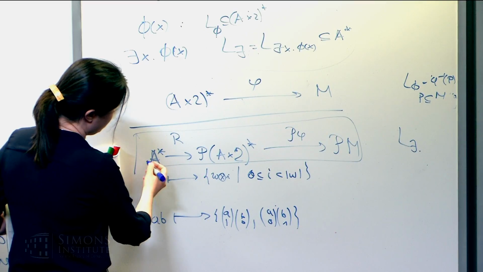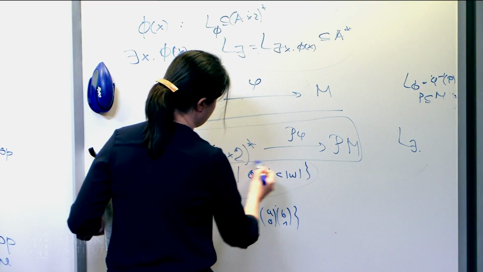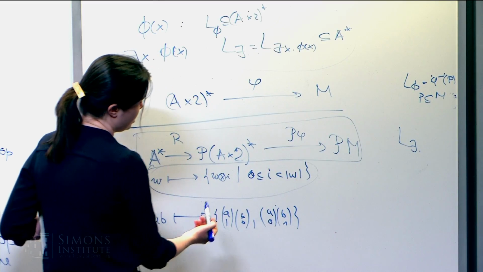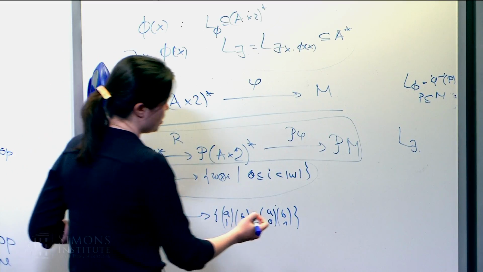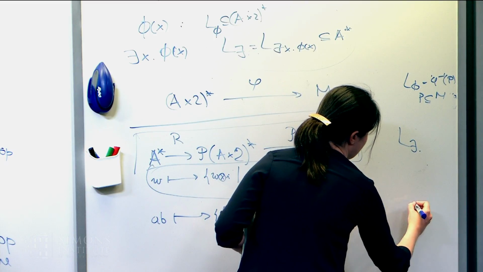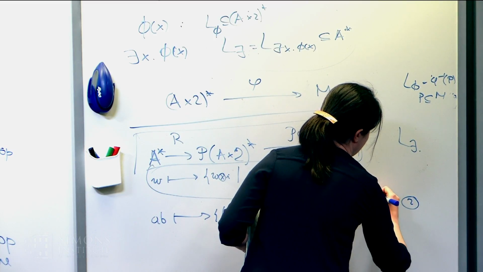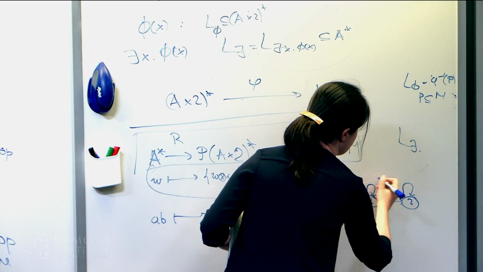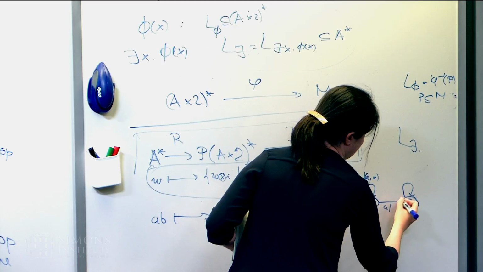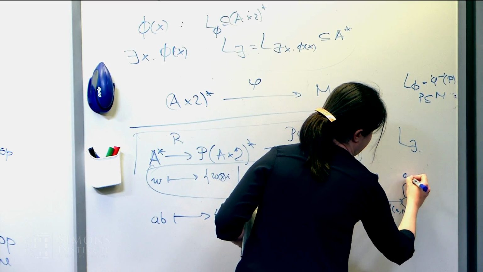One option would be to represent this relation between the words in A star and the words in A times 2 star in terms of a monoid morphism, using a realization of this relation by a transducer.